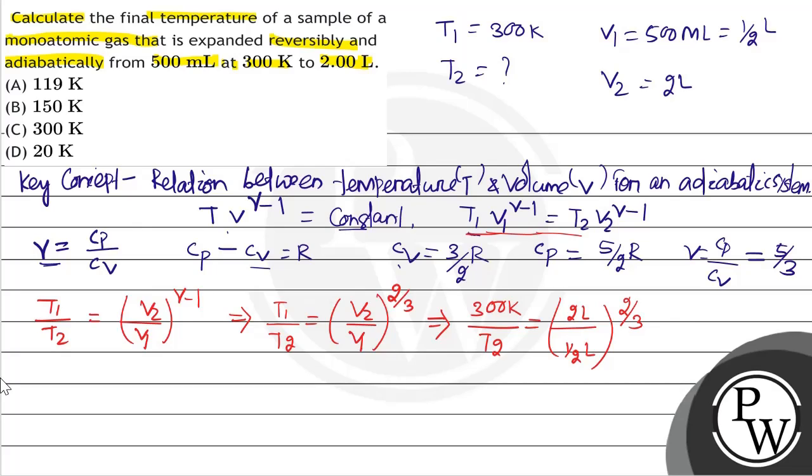After solving this equation we will get T2 is equal to 119 Kelvin.